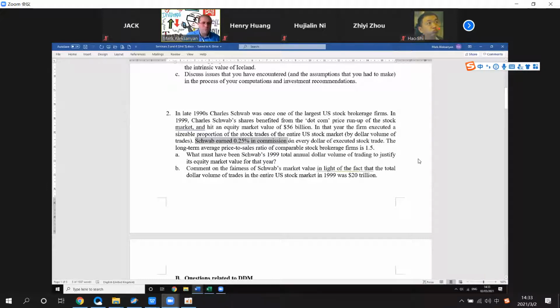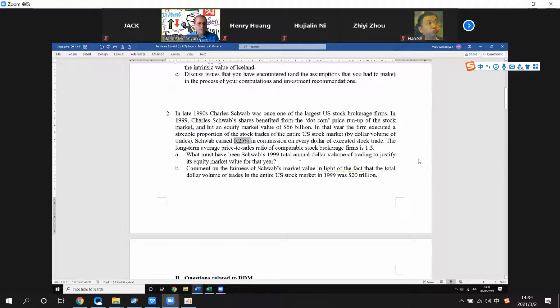So how much in dollar volume of trading should this company have processed, so that by earning 0.25% of commission, they would be able to generate sales that would result in a price to sales multiple of 1.5.